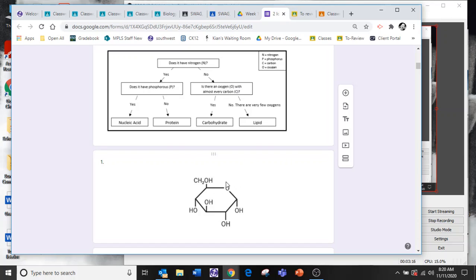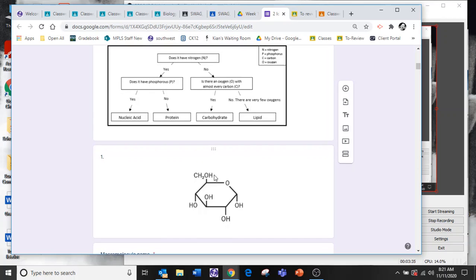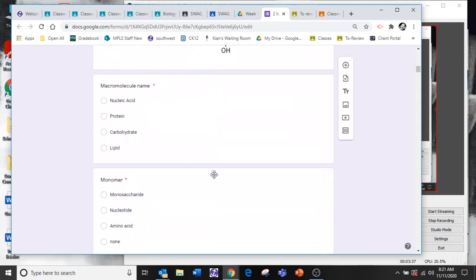There's an oxygen there. Oxygen with a carbon, oxygen with a carbon, oxygen with a carbon. So yes, they are mostly carbons with oxygens. Okay, so this is a carb. Easy peasy, right? Let's look at the next one.